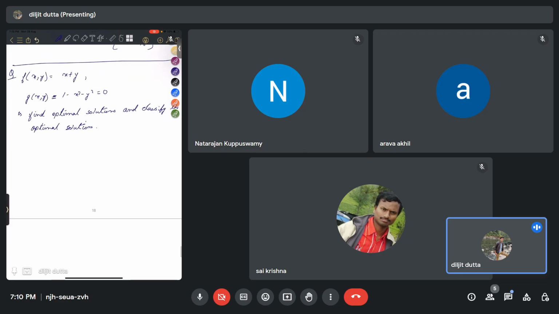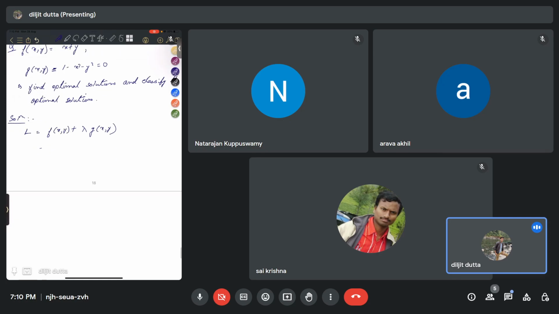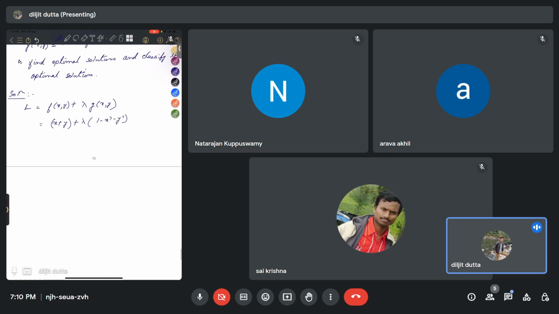Okay. Let us solve using Lagrange multipliers. So we can write the Lagrangian as f plus lambda into g of x comma y. So it will be x plus y plus lambda into 1 minus x square minus y square. Okay. So we'll take the derivative with respect to the three variables. First is del L by del x.